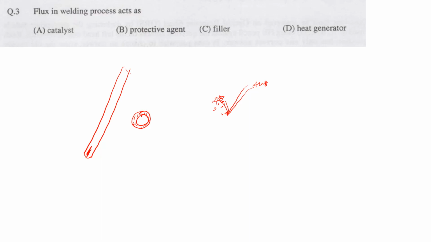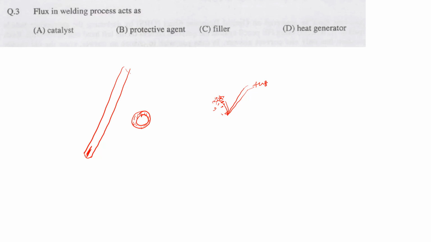So what is the purpose of this flux? The purpose of this flux is to basically first initially react with the metal and it will melt, and after that it will cover the surface so that the oxygen on top of that will not directly react with the metal.